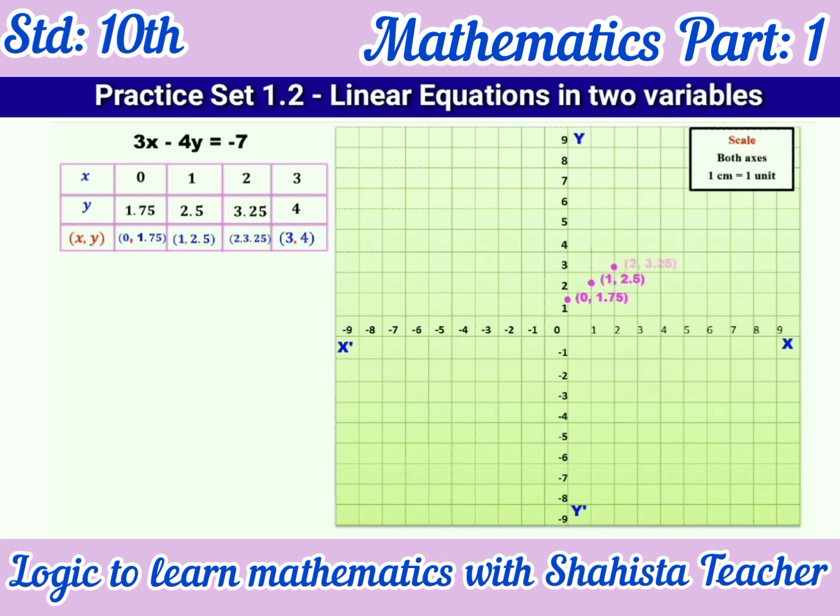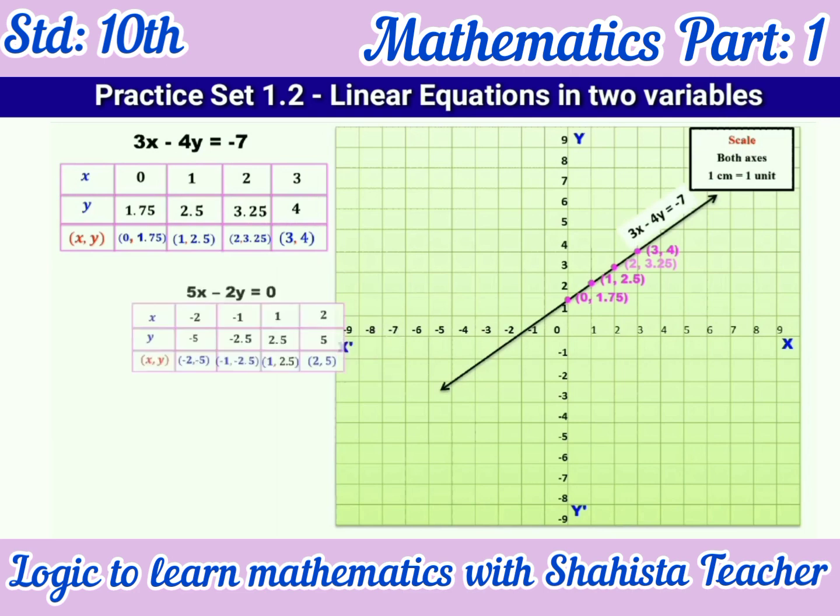Now the third point 2 comma 3.25. Now lastly x-axis 3 and y-axis 4, so 3 comma 4. Here you can see pink color dots, 4 dots are given. With the help of all these 4 dots, we will join them by drawing a line. So draw a straight line and give the name 3x minus 4y is equal to minus 7.